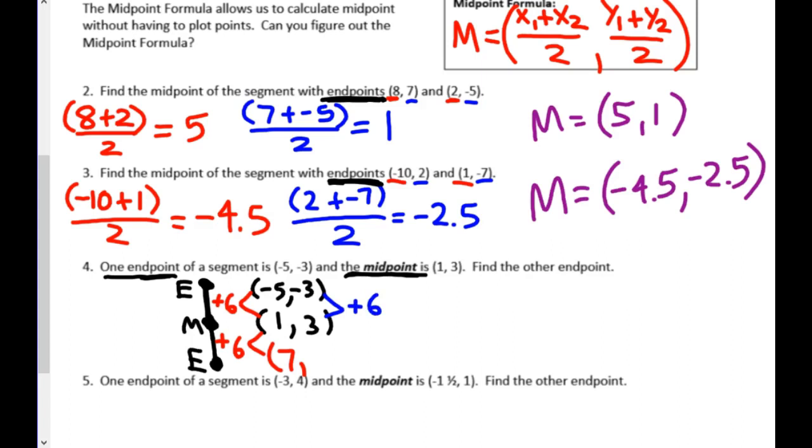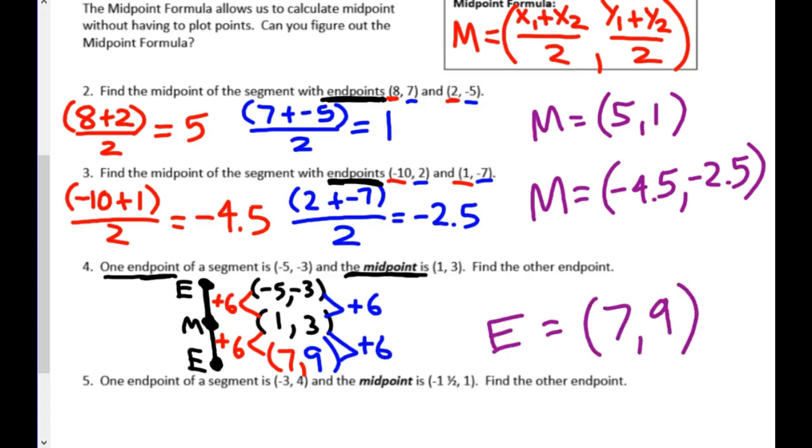So guess what I'm going to do down here? The same thing, +6. What is 3 plus 6? 9. So my final answer, 7, 9 for my endpoint, okay? So the endpoint, 7, 9.